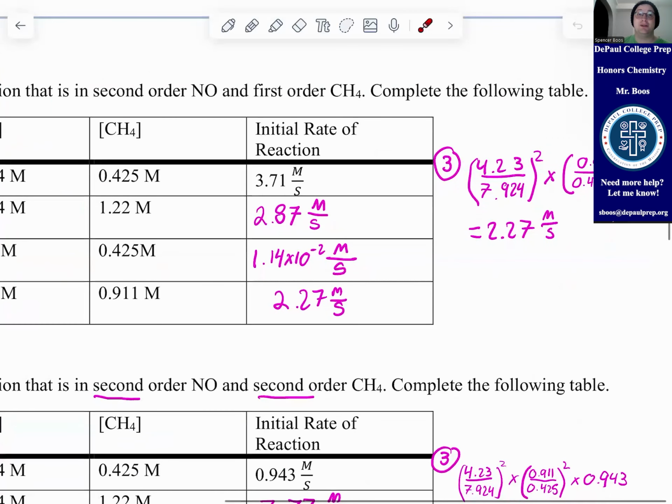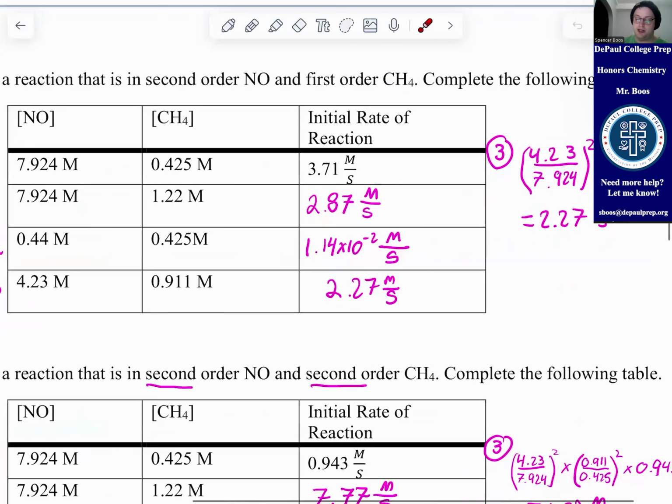For 3, it's a little more tricky, because both are changing. You do your first step first: new over old raised to the order. Secondly, we do the same thing with this other one: new over old raised to the order. And finally, we multiply by the initial rate.